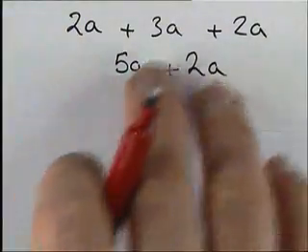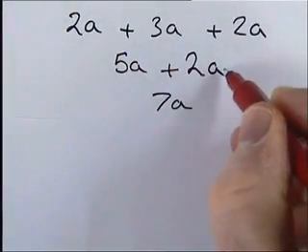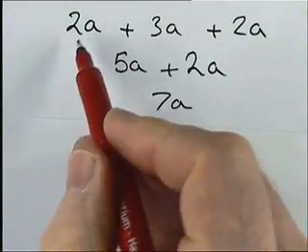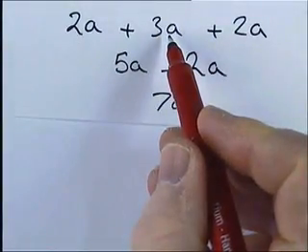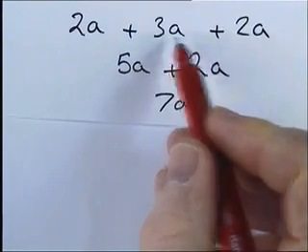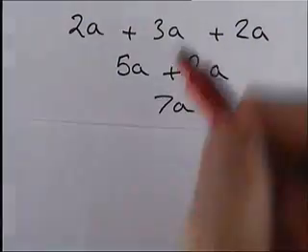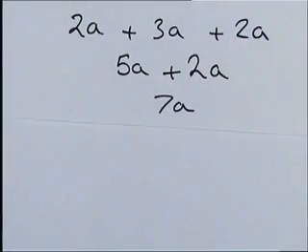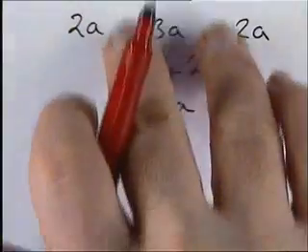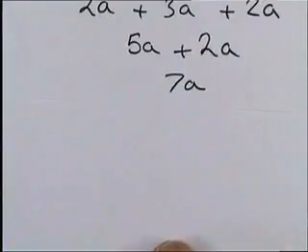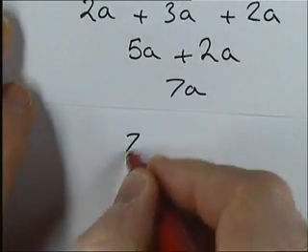Now, we don't have to go via this intermediate step. Normally we'll just work out that 2 a's plus 3 a's is 5 a's, and then add another 2 lots of a, you get 7 lots of a in total, or 7a. So we have simplified that expression. These 3 expressions all have the same value, they're all the same mathematically, they just look different, they look more complicated as you move up the rows. So I could also make these more complicated.